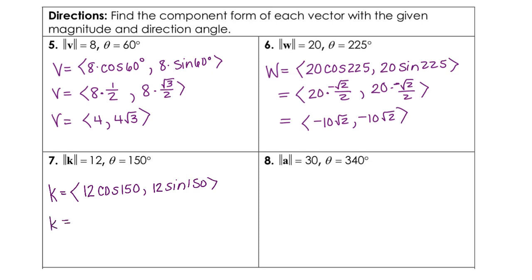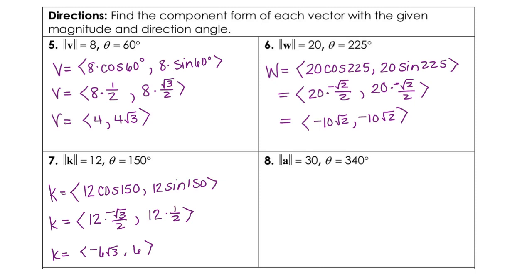So K equals 12 times cosine of 150, that's going to be negative root 3 over 2, comma, and then sine of 150 is going to be positive 1/2. And so our component form here for vector K is negative 6 root 3 and 6.